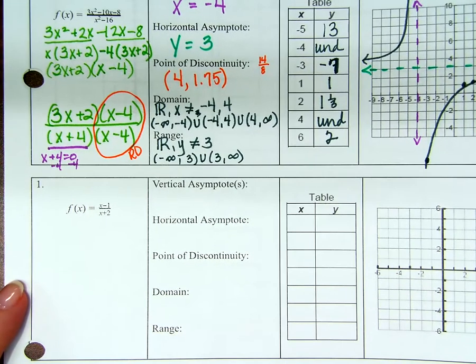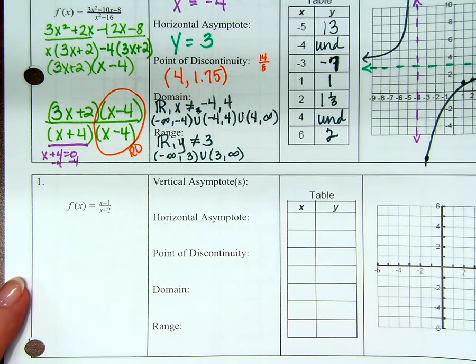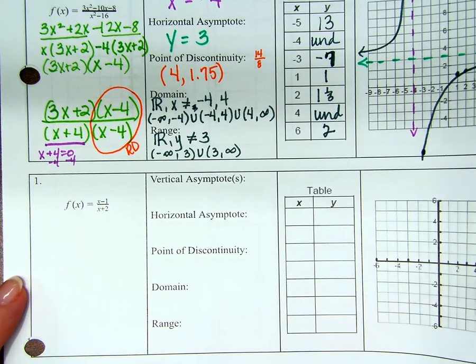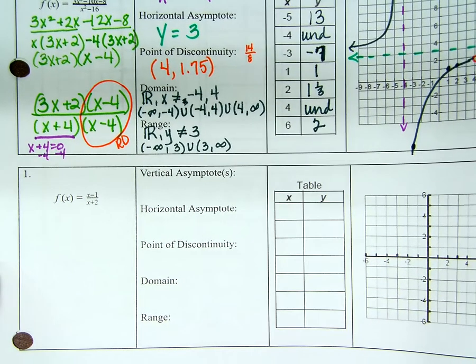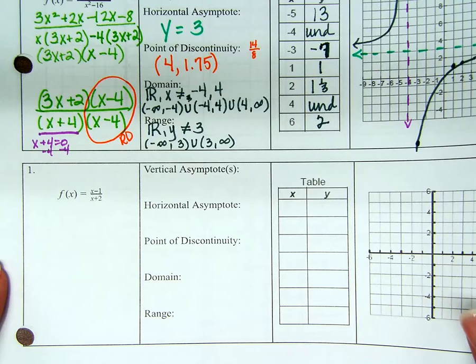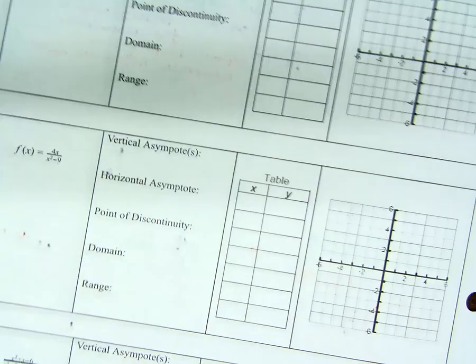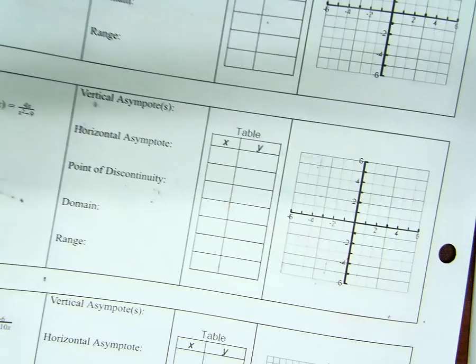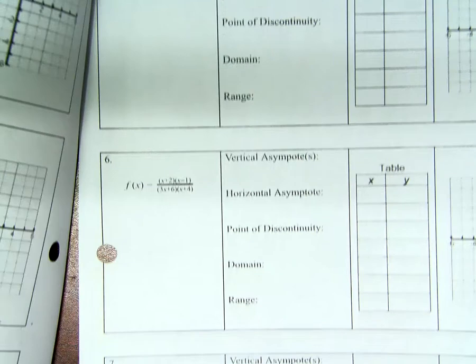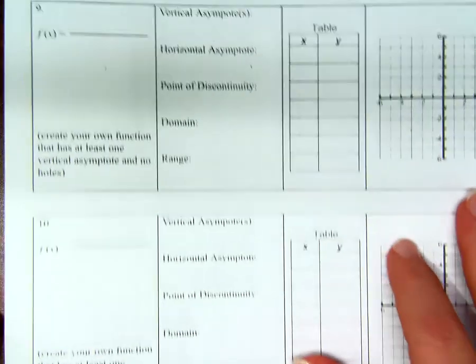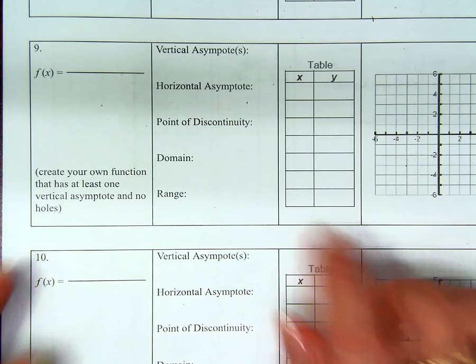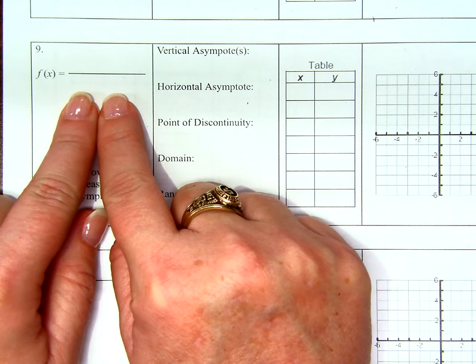All right, so you have 10 problems to do for homework. I do want to point out 2 of these problems specifically. Glance through them real quick. Everything's pretty okay, right? And then you get to the back. Look at 9 and 10. Look at the equation I gave you.